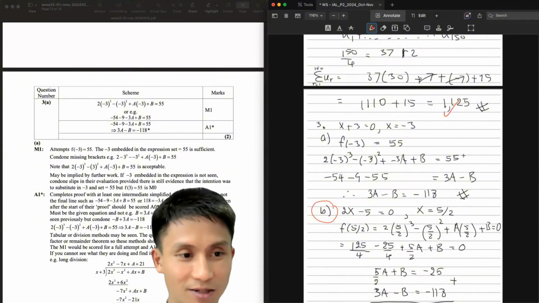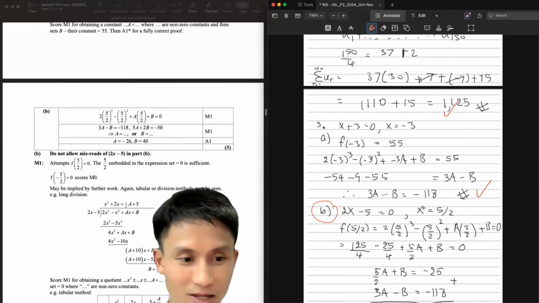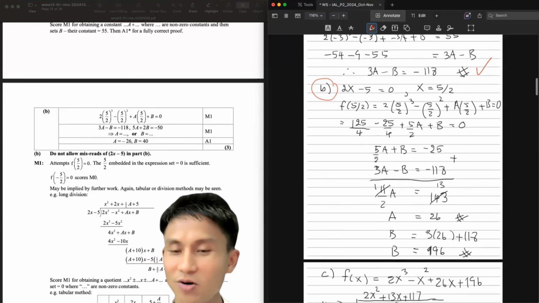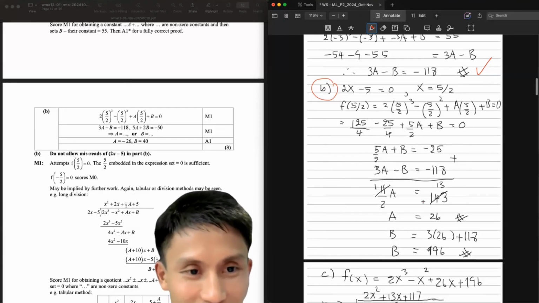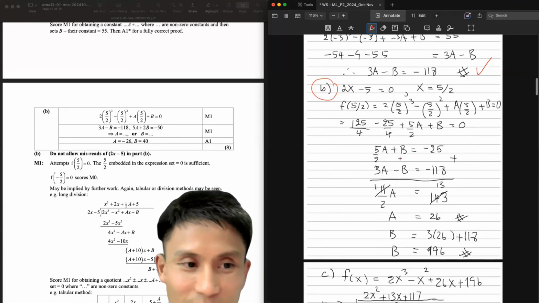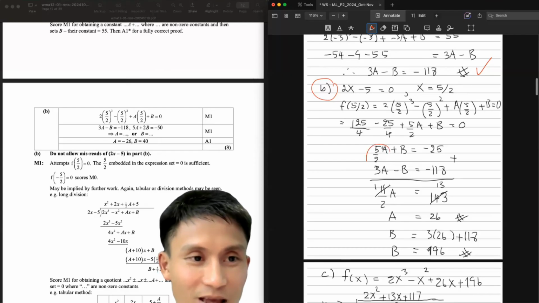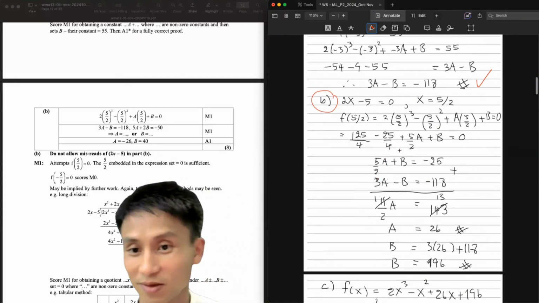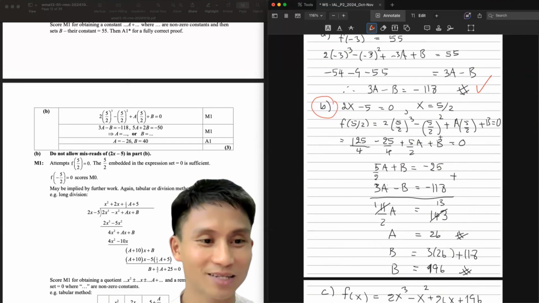Number 3, what's that? Oh yeah, just proof there. That's just A. B is, oh no, all right, something went wrong, guys. That is when I solved simultaneous and got it wrong. Wait, this is 5a, not 5/2. Yeah, this is when I substituted this wrong.